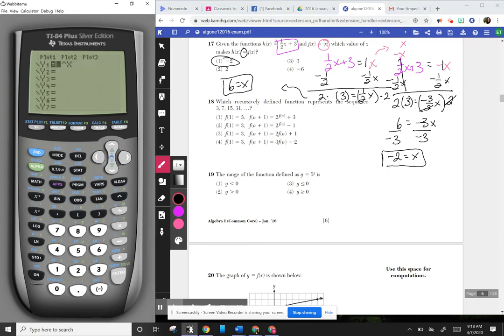But this is also another graphing calculator question. So let's take 1/2 x plus 3 as y1 and the absolute value as y2. So now I'm going to press math. I'm going to go right to num, and we got abs here, so absolute value of x.